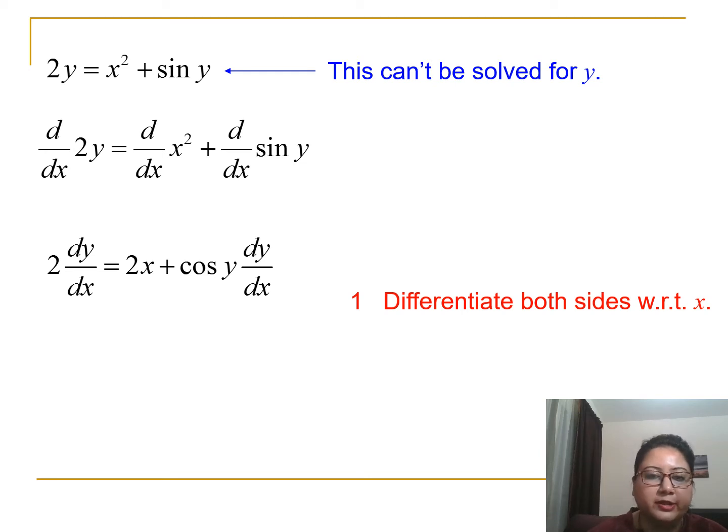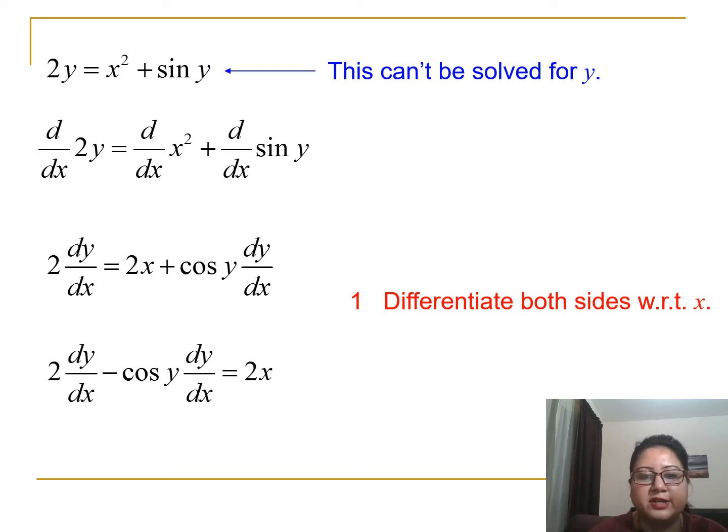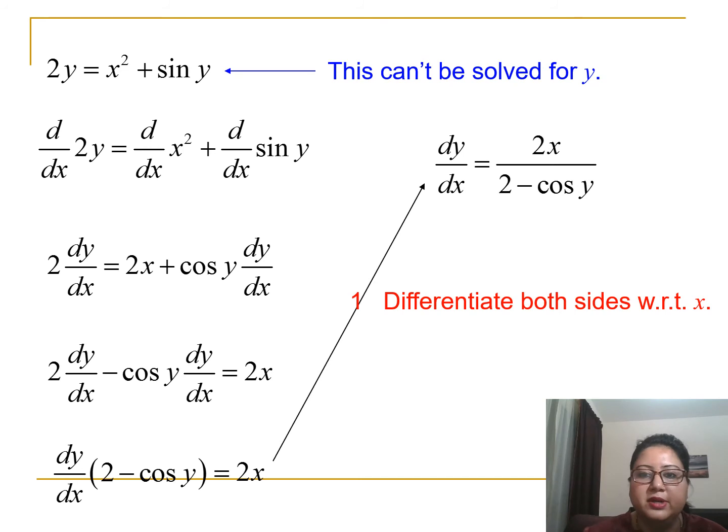So this is going to be the next step. We simplify it further, collect the terms of dy by dx. So dy by dx is here also, dy by dx is here also. Let's collect it, factor, take the common terms, and then on both sides we can divide by 2 minus cos y to get our value of dy by dx.